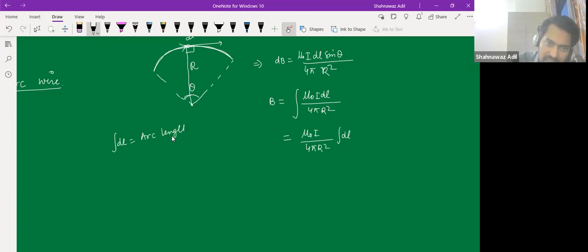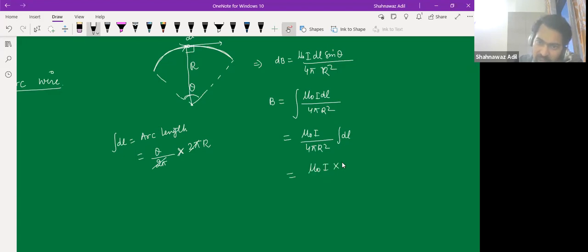And how much is the arc length? That is theta by 2 pi into 2 pi r, right? So this would be how much? This 2 pi will cancel. So this is r theta.